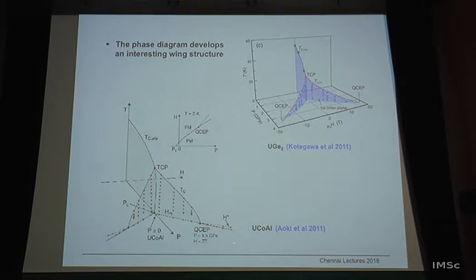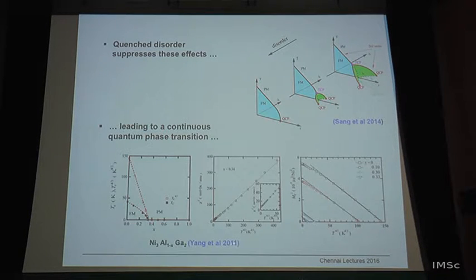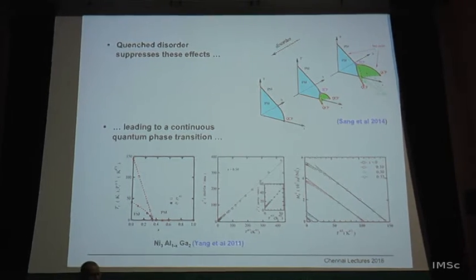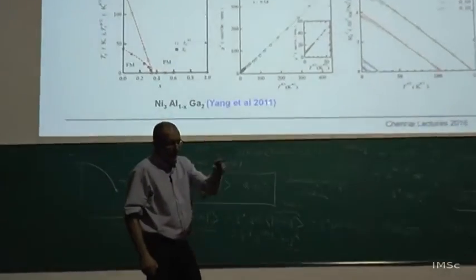So that's the actual experimental diagram. Now let's go to the cartoon. What changes as I introduce disorder is the relative size of the various phases and regions in the phase diagram. It's actually not introducing or killing any phases. It just moves around the phase transition lines between them. Does that answer the question?